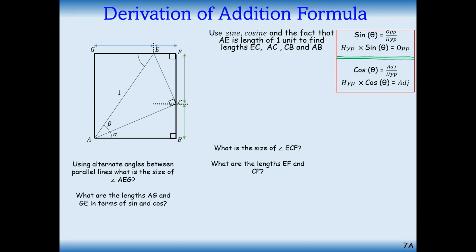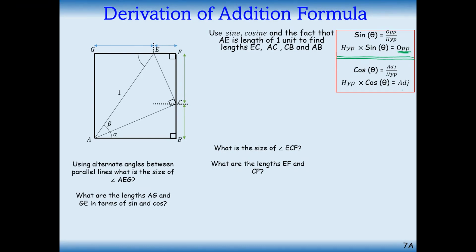The basic trigonometry is written for you in this red box at the top right corner. Sine of theta is opposite over hypotenuse. Therefore, whenever we want to calculate the opposite side of a right angle triangle, we take the hypotenuse and multiply it by the sine of the angle.